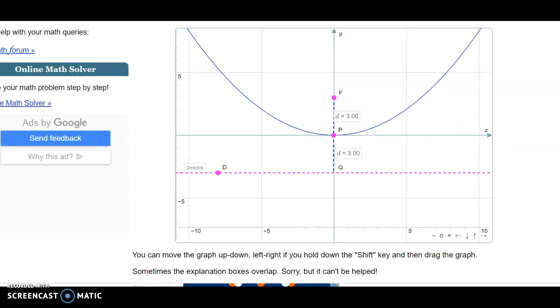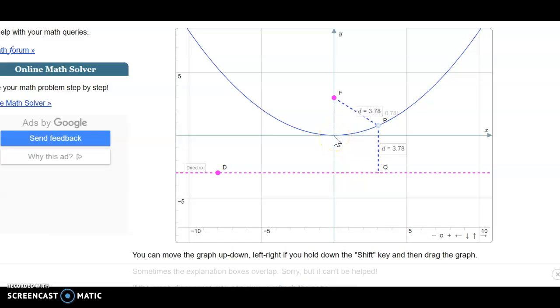Okay, very quickly, let me show you an interactive graph for it. Here you can see a parabola, the point P is your vertex right there. There's the focus and the directrix. See how the distance from the vertex to the focus and the distance to the directrix are the same. Now if I move it somewhere else, P stands for a point on the parabola in this graph. If I pick another point, it's still the same. No matter where I pull it, the distance to the focus and the distance to the directrix remain the same.